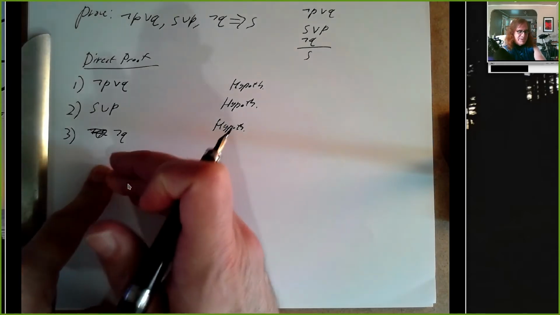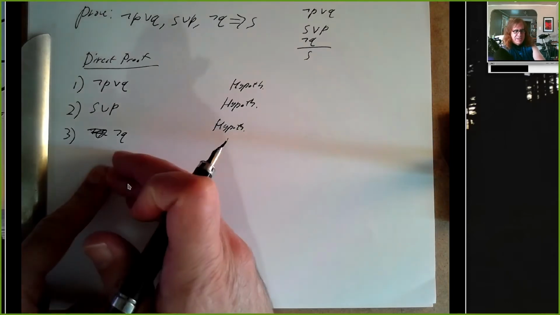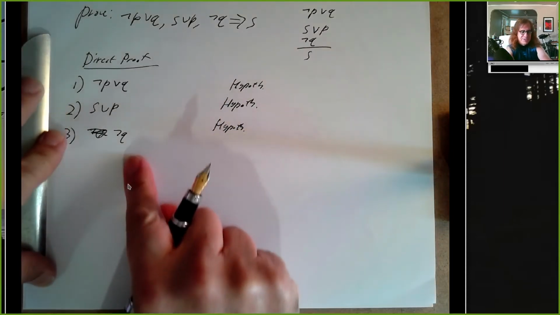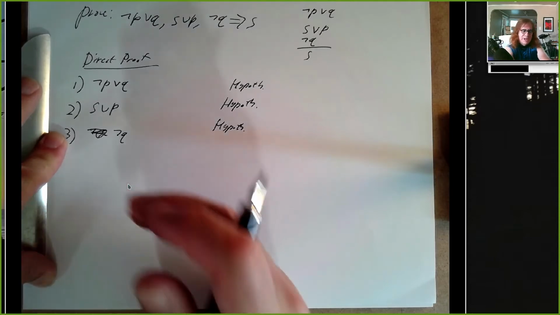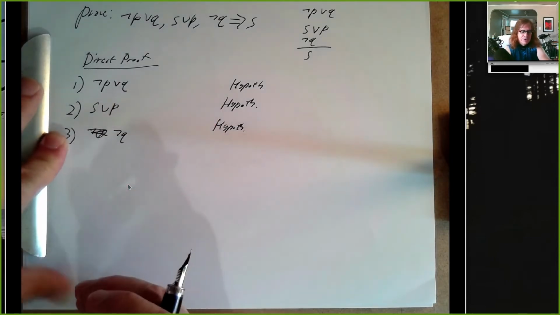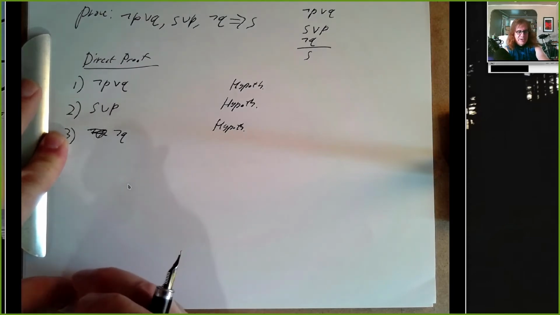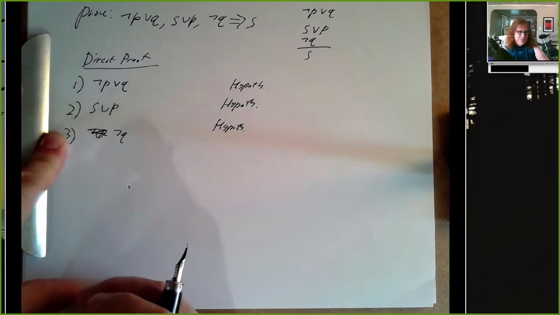So if I write down S and 10 steps later I come up with S, what have I shown? If S is true, then S is true. I haven't shown anything. But I've only written down these three things. And as long as I argue logically from here, whatever I get to, if I get to dog, I've proven that if this and this are true, then dog.